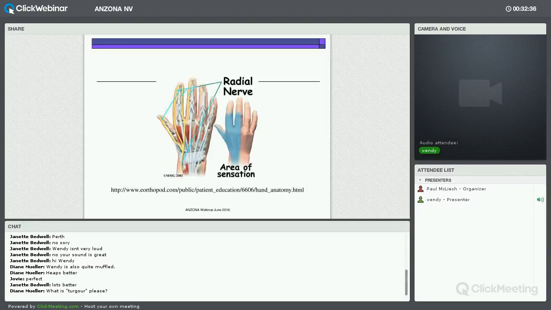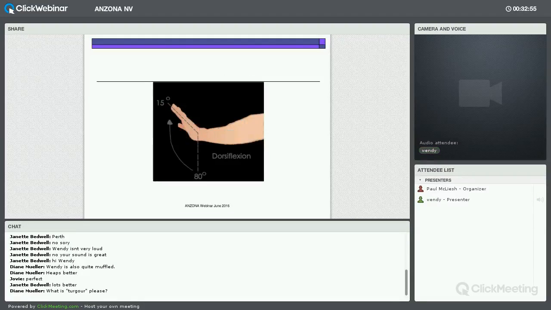So a really good place to test sensation of the radial nerve is between the thumb and the first finger, getting the patient to tell us what they can feel. Again, use the other limb as a comparison and make sure it's feeling the same for them as well.